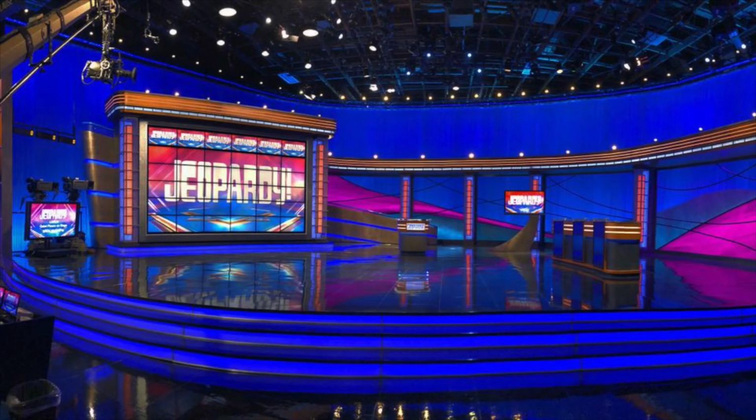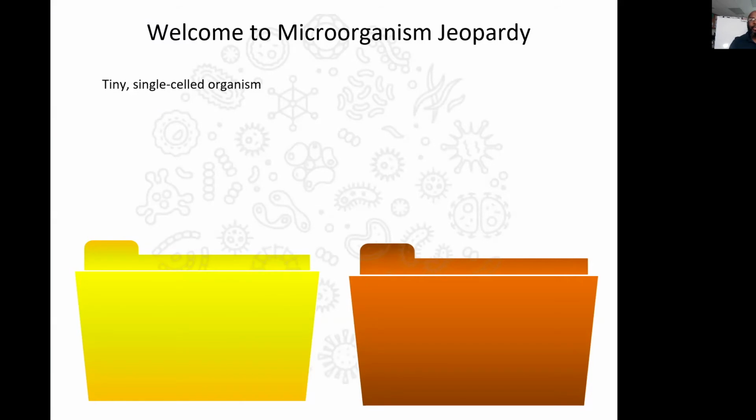we're now going to proceed with a little bit of microcosm Jeopardy. Excited, are you? I am too. So this is a tiny single-celled organism. Outnumber our human cells 10 to 1, can live on its own or in living things.